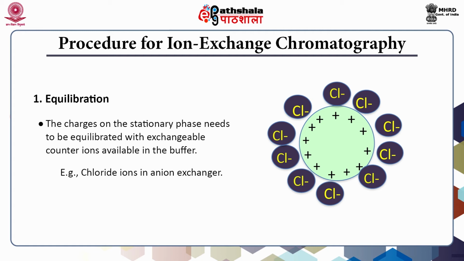So, by this step, all the charges present on the ion exchange stationary phase will be equilibrated with the negatively charged ions present in the buffer. So, this is a very important step. Why? Because these negatively charged ions will be replaced by our negatively charged analytes in anion exchange chromatography.